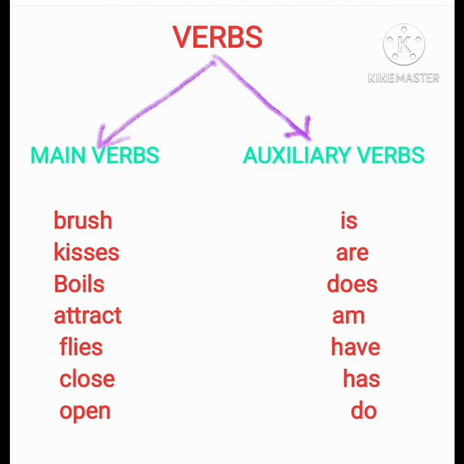Children, did you notice that all the main verbs are not alike in nature? Some verbs are in their simplest form, while some verbs have the letter S at the end.